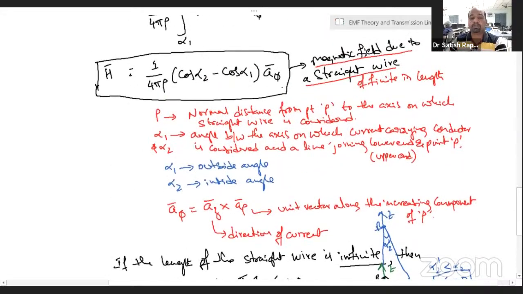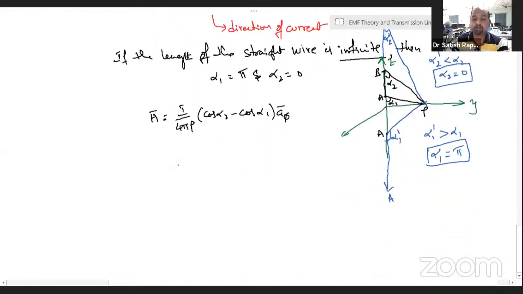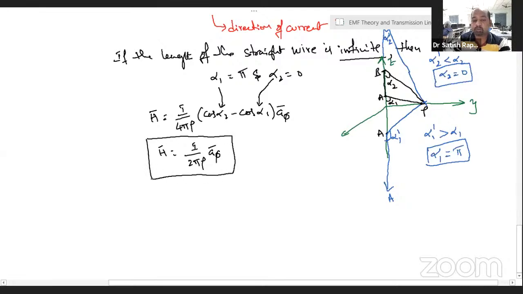This is the equation. And alpha 1 is pi degrees and alpha 2 is 0 degrees. If you substitute this, you will get I by 2 pi rho, a_phi bar. So this is the magnetic field due to an infinite straight wire.